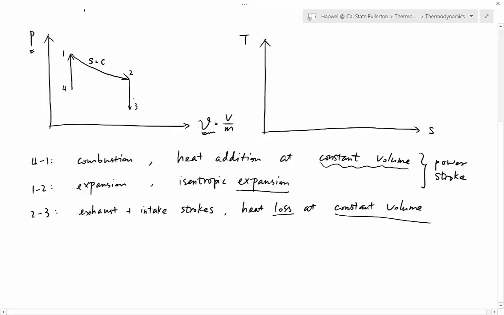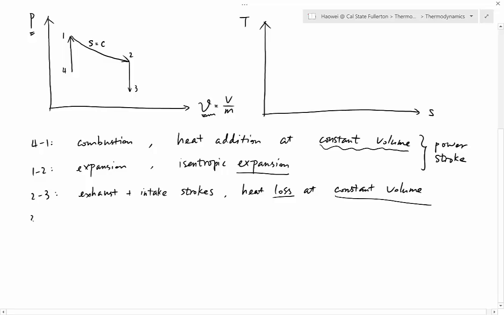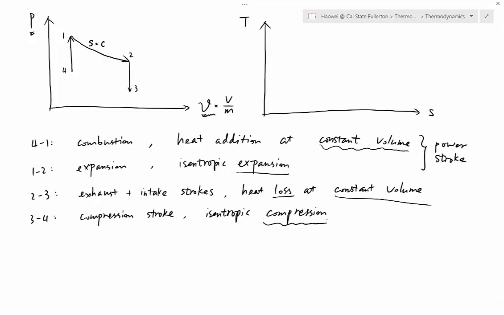Okay, and then next one, 3-4. 3-4 is the compression stroke. And we call it isentropic compression. Okay, so now because it is a compression process, the x-coordinate nu must become smaller because volume becomes smaller. So 3-4 must move to the left.